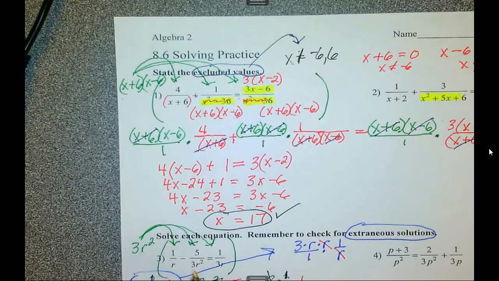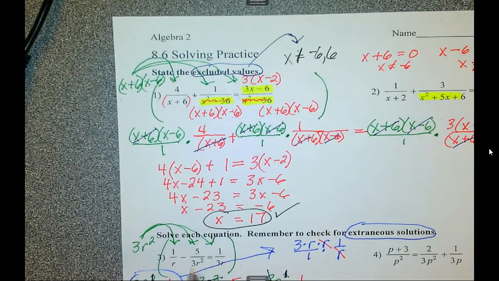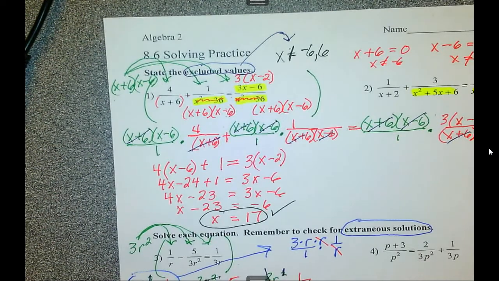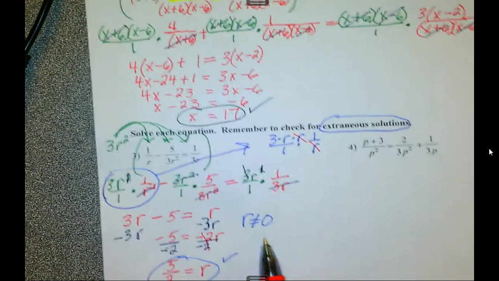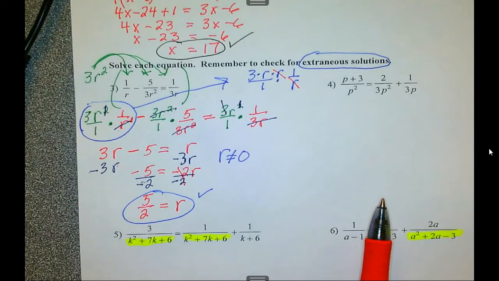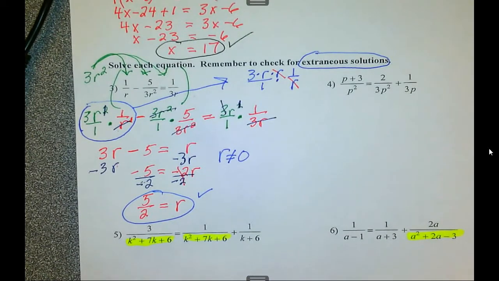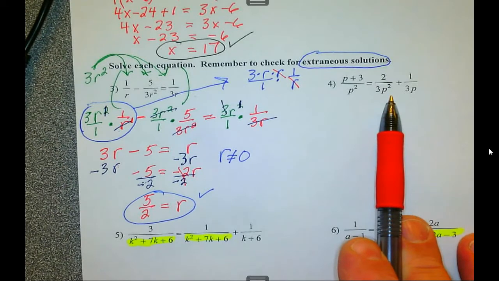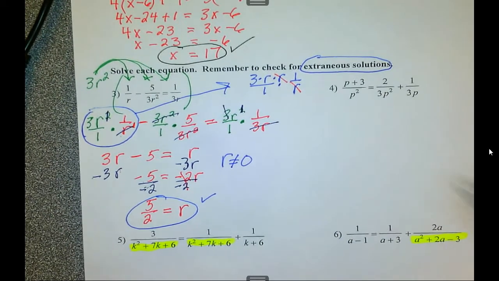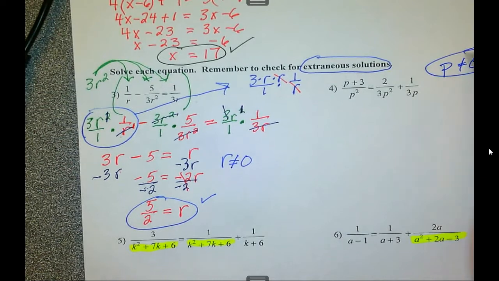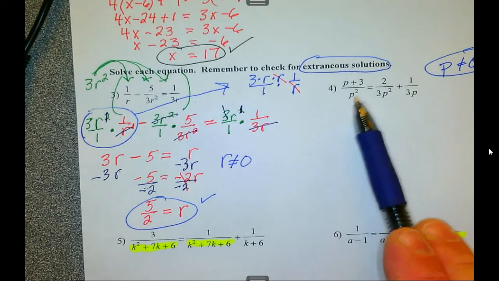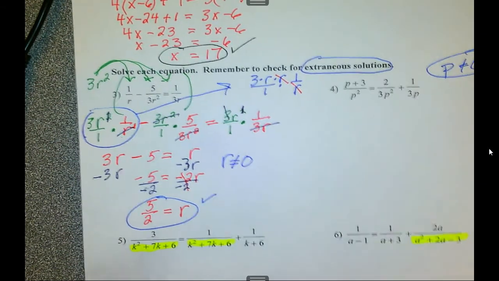Now, this one's kind of easy because it's just one term. So r cannot equal 0. Same with this one. P can't be 0. P cannot equal 0. If you only have one term, you know it's going to be 0.